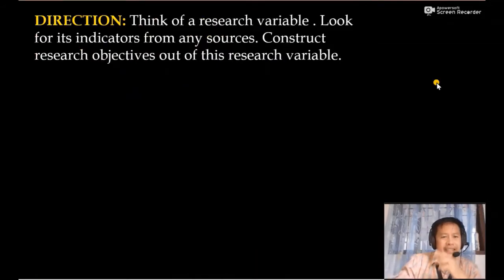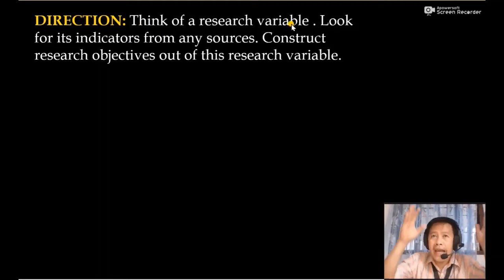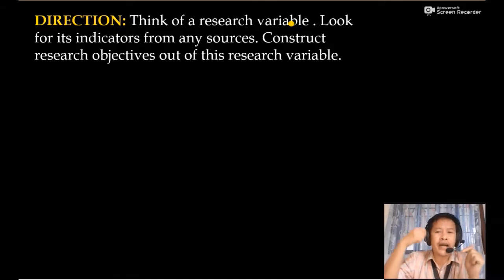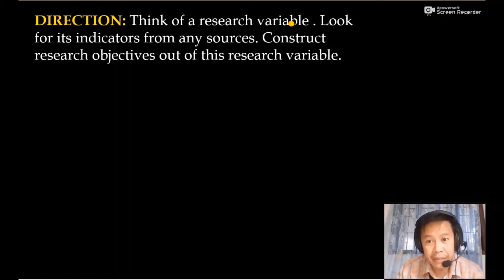This is the activity. Direction: think of a research variable. Take note, anything under the heat of the sun, as long as you can observe it using your naked eyes, you can see, you can touch. Even though you cannot touch it, if you can measure it, that is a potential research variable.